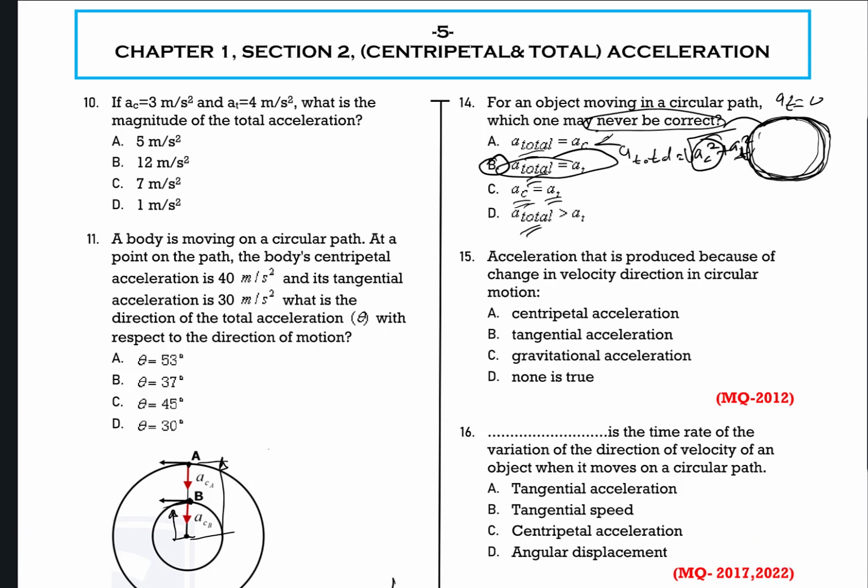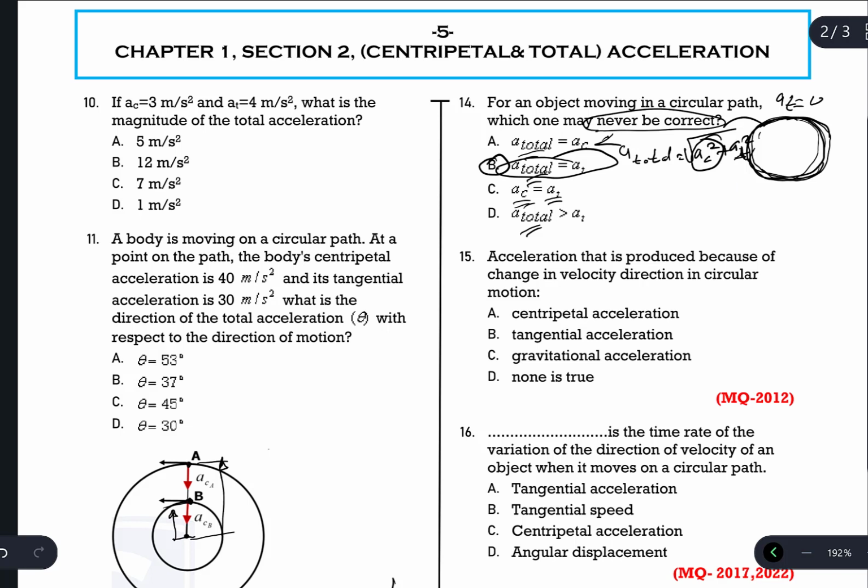The object can be speeding up and also turning on the circular path, so their magnitudes can be the same number, 5 meters per second squared, or 10, or 20. So we can arrange it. This is possible.